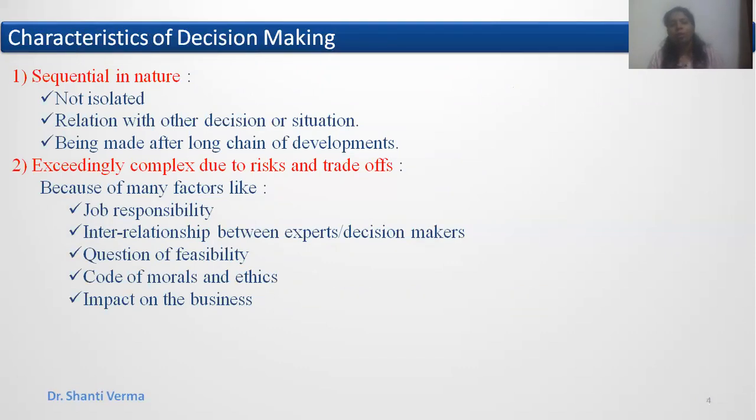Then the code of morals and ethics. Morals and ethics are an important part of decision making. Next, the impact on the business. We have to think also whether this decision leads to a positive impact or a negative impact on the business.